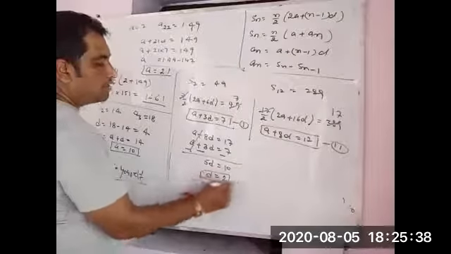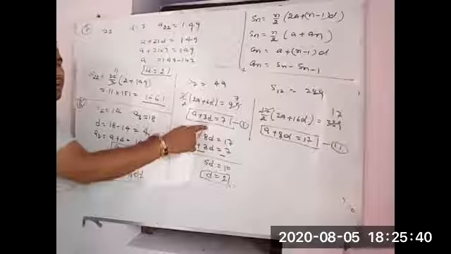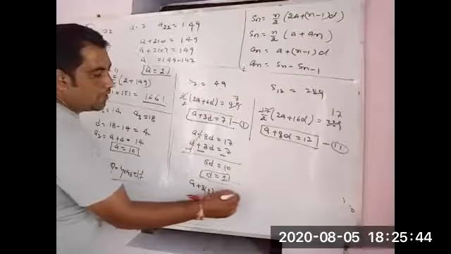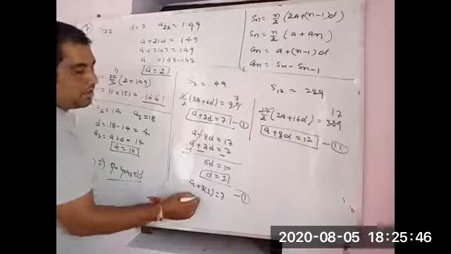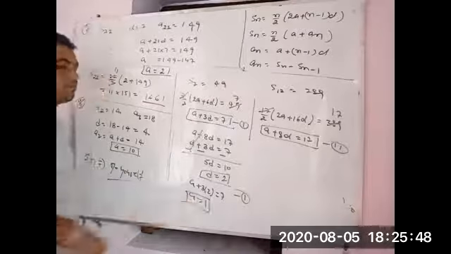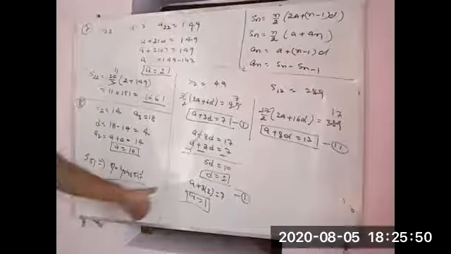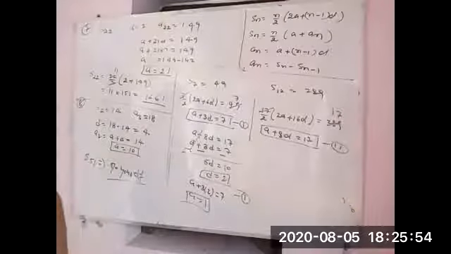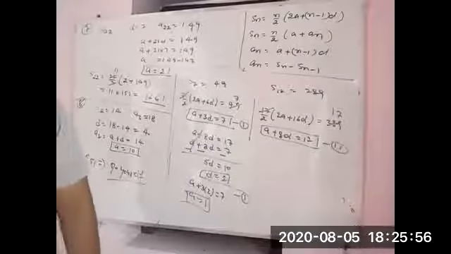d value comes 2. Put it anywhere. a plus 3 into 2 equal to 7 from 1. a equal to 1. Okay, we got the value of a and d. Now, what we have to find here? Sum of n terms.